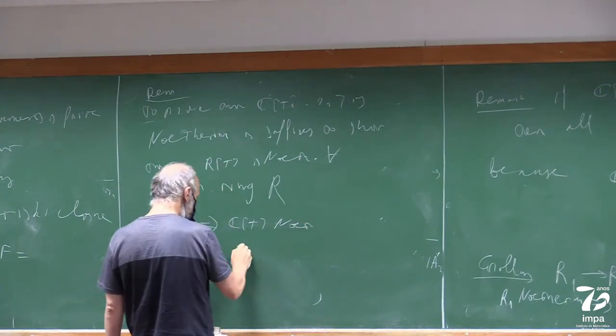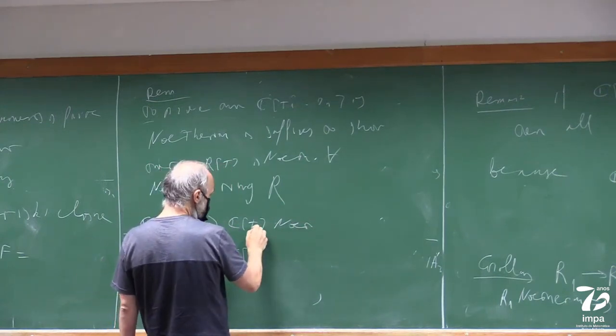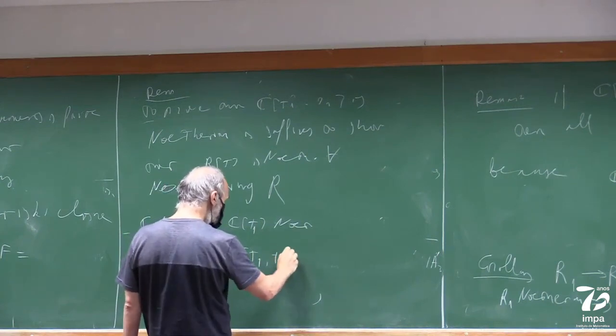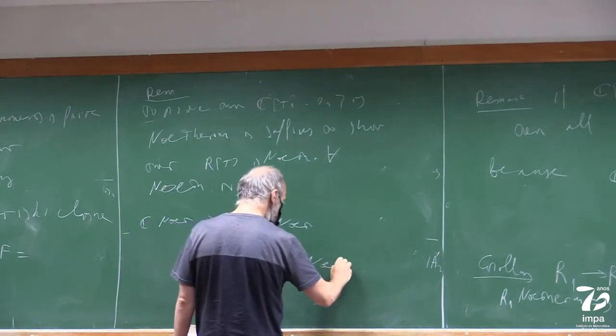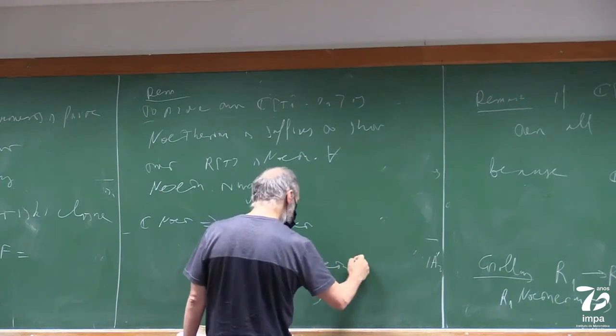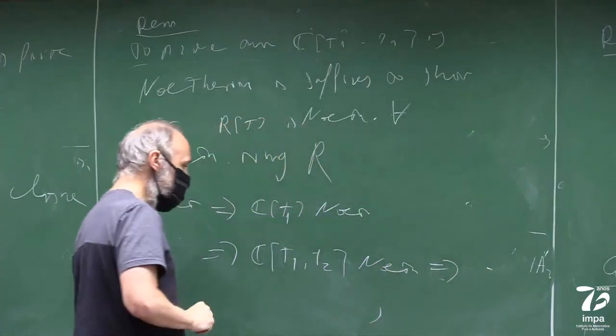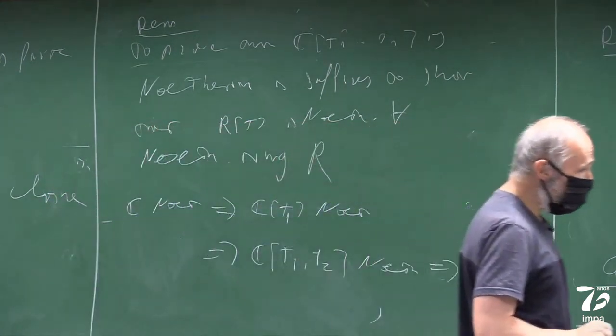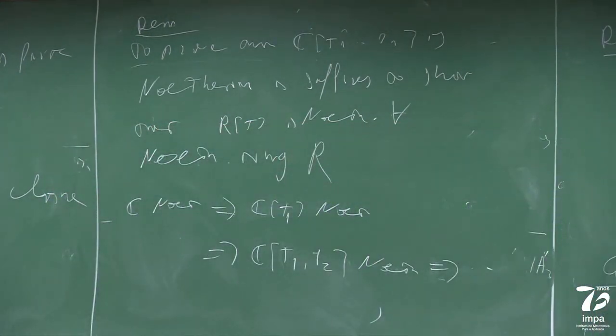This implies then C of t, T1, T2 is Noetherian, and so on. So to prove Hilbert basis theorem, it suffices to show it for just a ring of polynomials of one variable.